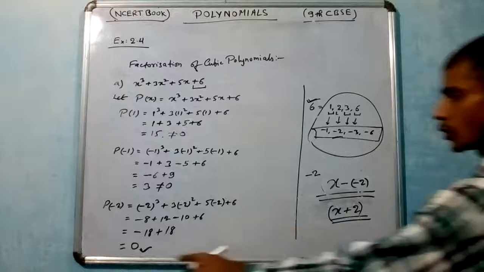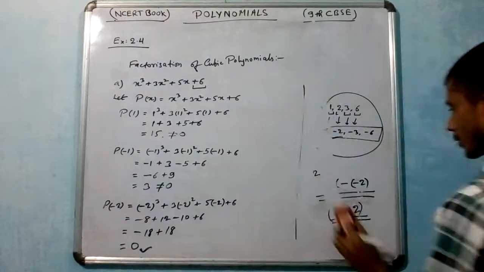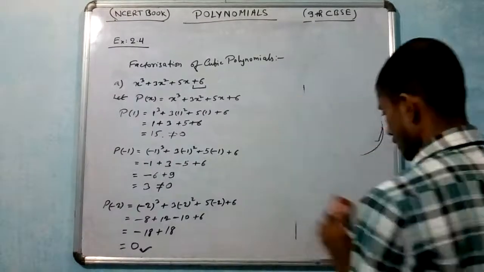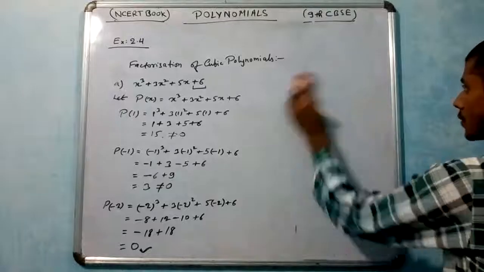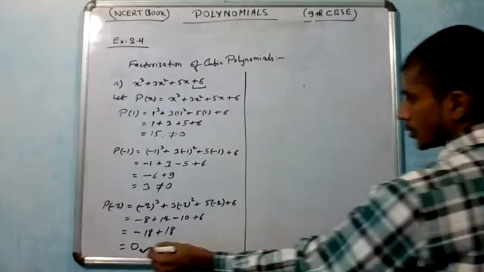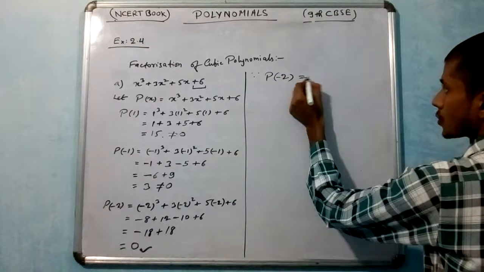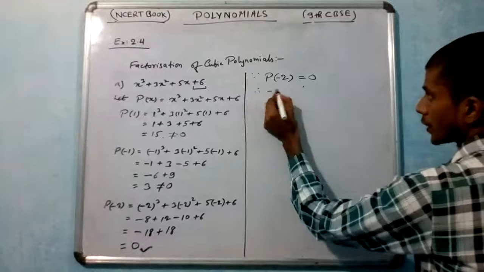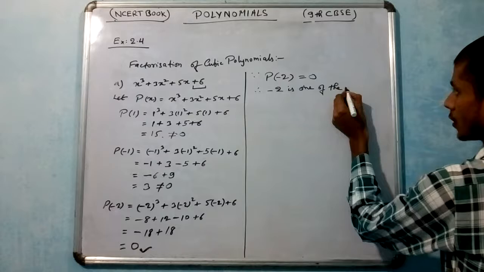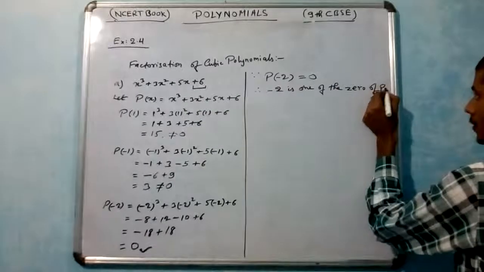That's what we were discussing. So the zero we got. Okay. Wait, here I am not erasing. Just first see, understand, and then you will copy. So what we will write? Since p of minus 2 is equal to 0, therefore minus 2 is one of the zeros of p(x).